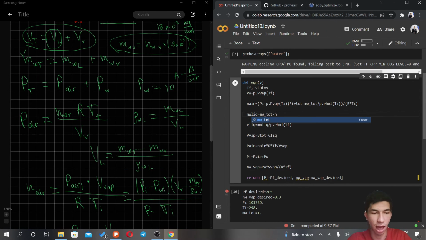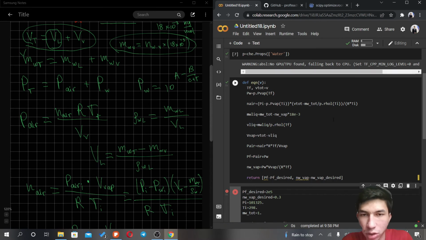So we have NV, the amount of the water in vapor state, multiplied by 18, multiplied by 10 raised to the power negative 3. Because we're using SI units, we have to express the molecular mass in kilograms per mole.